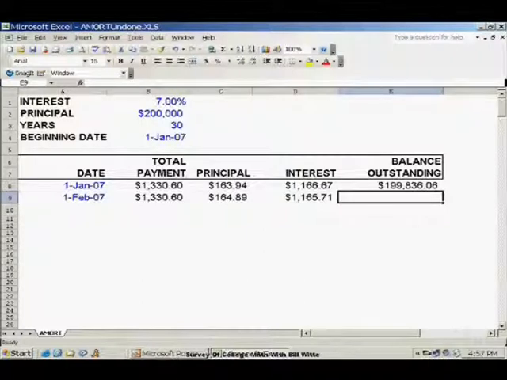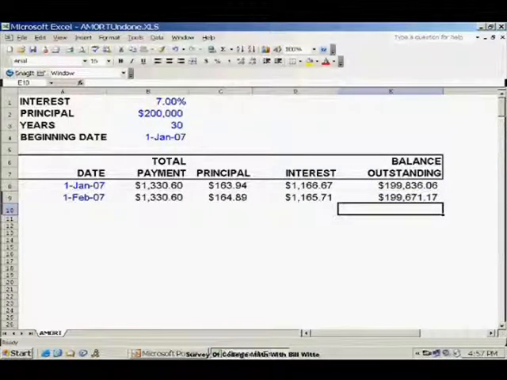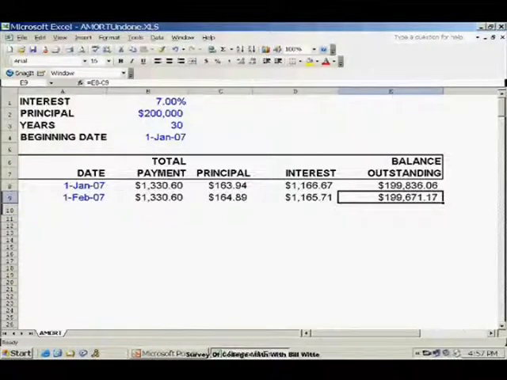I hope you appreciate I'll subtract it from last month's outstanding balance. So that's going to be last month's outstanding balance minus the principal, the amount of the payment that is principal that I paid this month. I still haven't even paid off $1,000. I only paid $200 off that. Ouch.